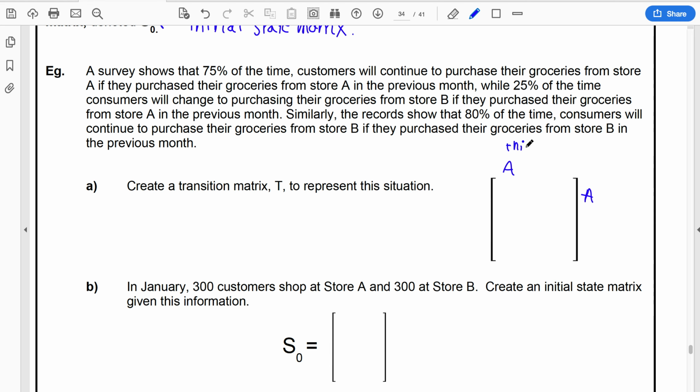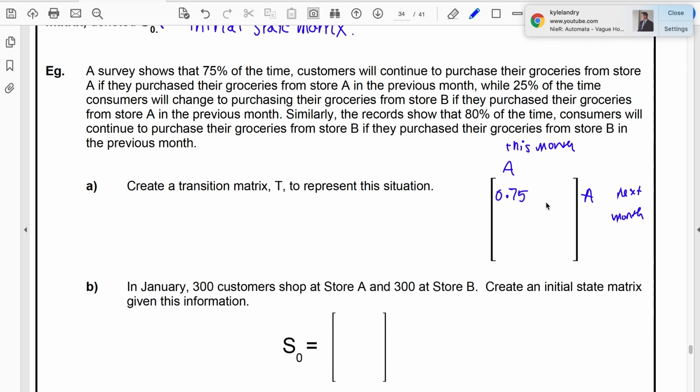So I've got this month and next month. 75% will stay shopping with A, while 25% of the time consumers will change to store B. And that adds up to 1.